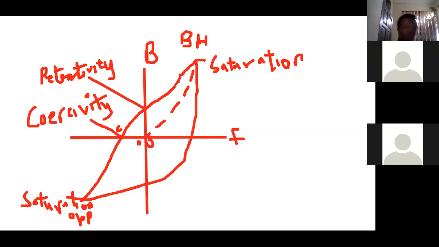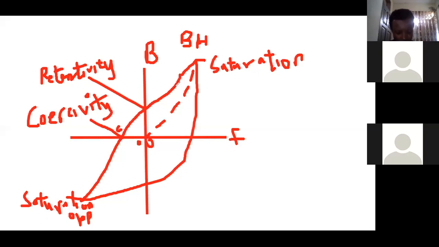So you can relate it to the resistance. That's what we call the reluctance: the opposition offered by a magnetic material to the establishment of a magnetic field.